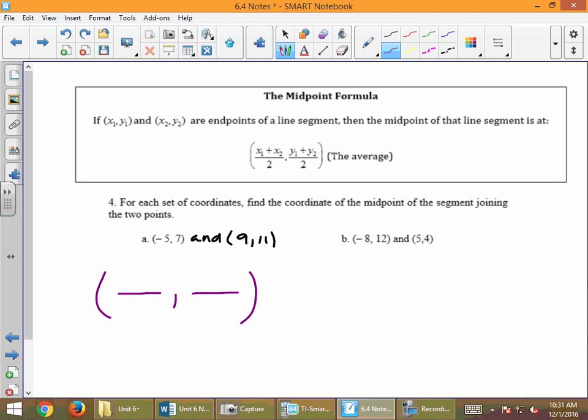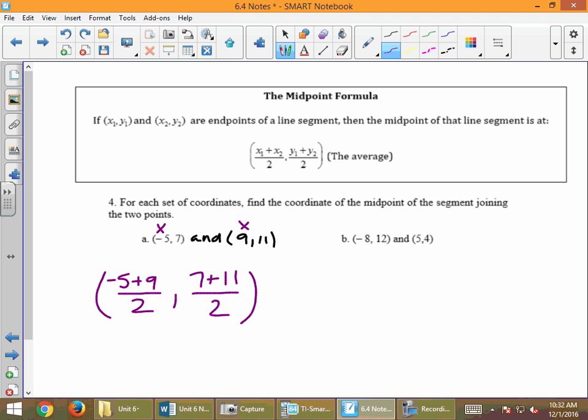What are our x values? -5 and 9. You just add those together. If it helps, label: I know this is an x, and I know that's an x. I'm just going to add those together. Then just divide by 2. Same thing with the y's. What are our y values? 7 and 11. So add those together, divide by 2.